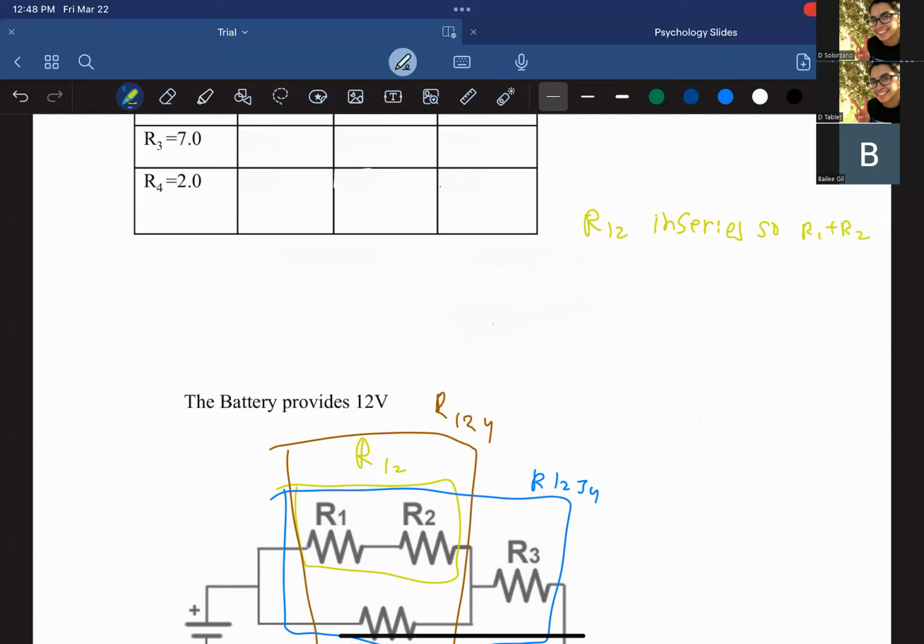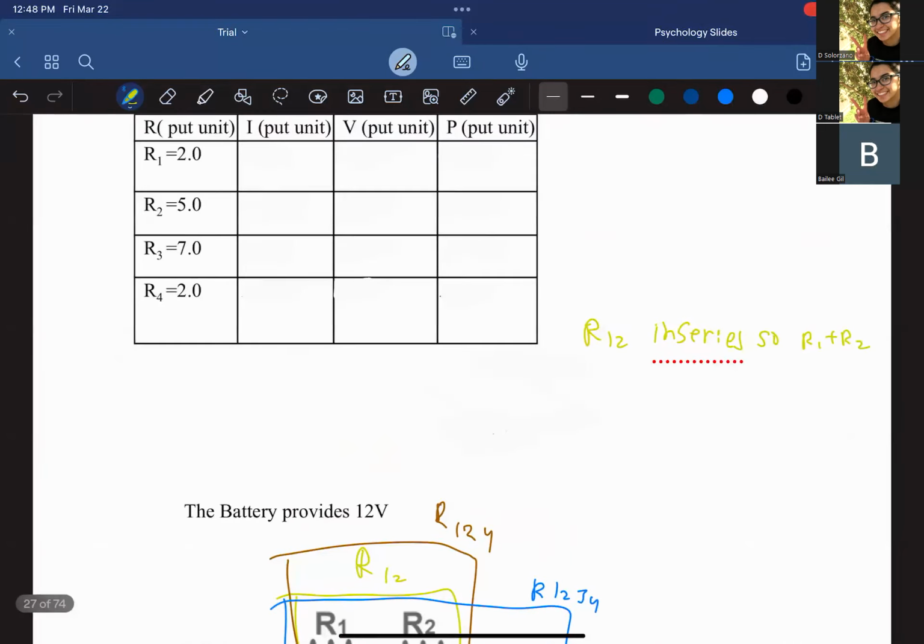So that's gonna be R1 plus R2. Our R's are given up there. So R1,2 is equal to R1 plus R2, which is equal to 2 plus 5, so that's gonna be 7.